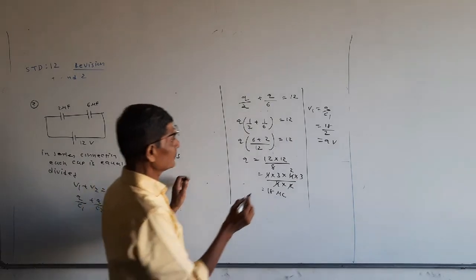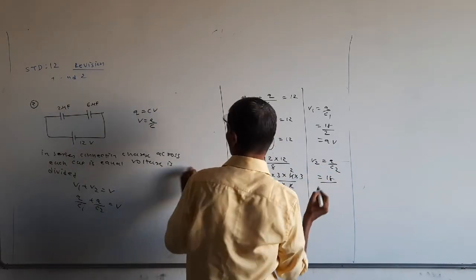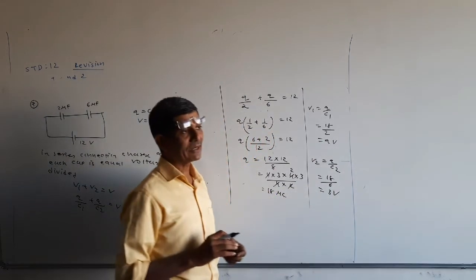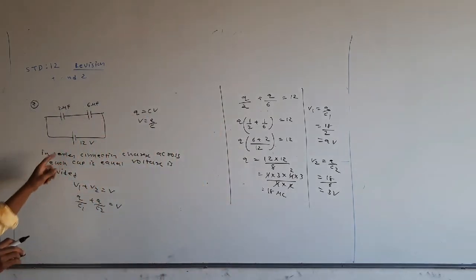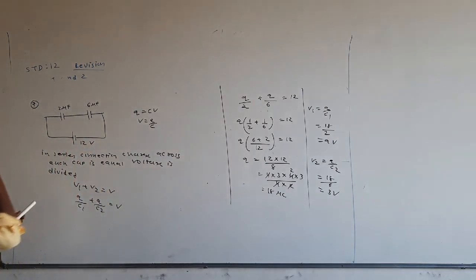V2 will be 18 upon C2, which is 6. Now if I add this V1 and V2, that makes 12 volt. Okay, so this is how we can say.